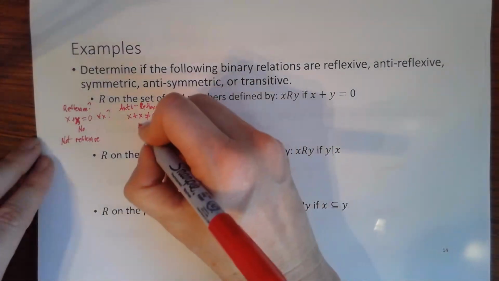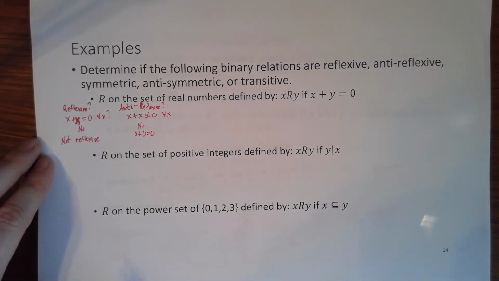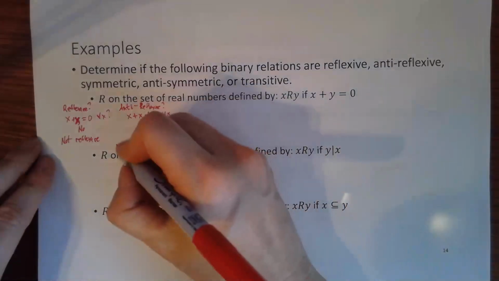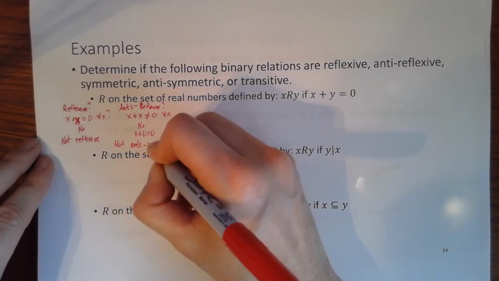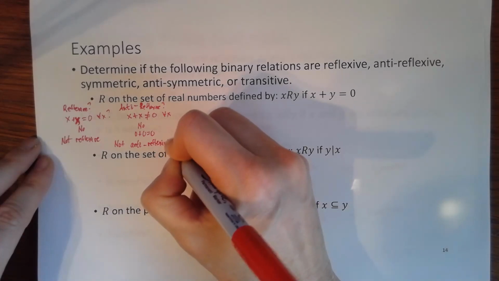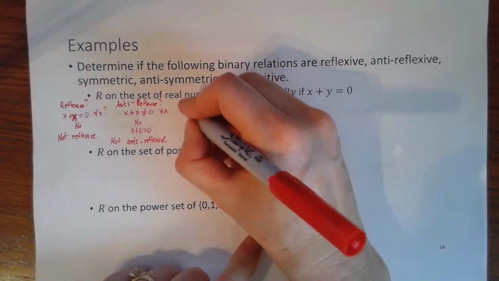Well, that is also a no, because 0 plus 0 equals 0. So 0 is related to itself. That's the only one, but there is one. Okay, so this is not anti-reflexive. It's neither.